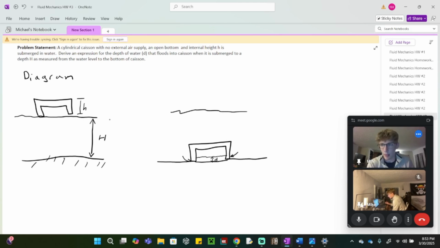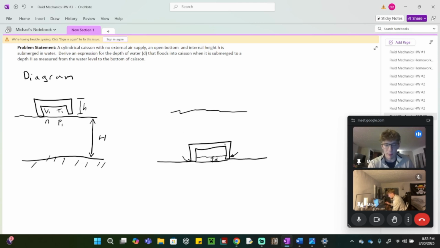So, what is similar about these two caissons? The caisson above the water, before we drop it in, has its own volume, its own temperature, and a number of moles of air inside of it. We're going to call that N, and it also has its own pressure.